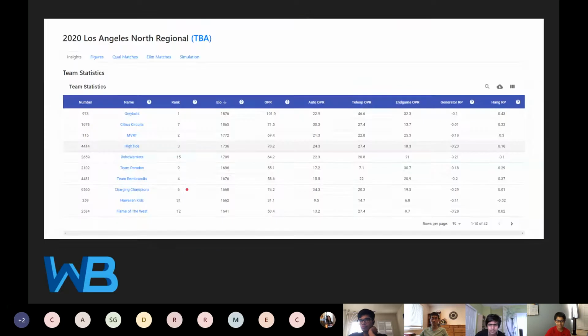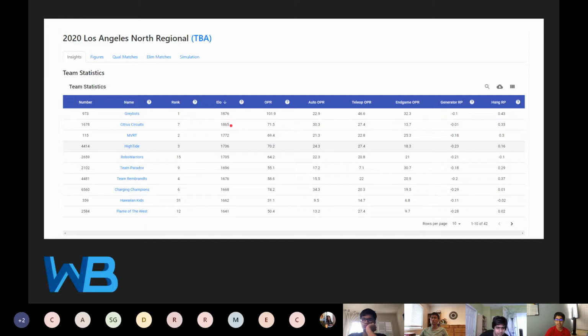When we look at the statistics, and yeah, Citrus Circuits did fail early on at Los Angeles North, just a disclaimer, but the way ELO works, this wouldn't have actually really affected them as long as they had played optimally for the entirety of day 2, which they did.